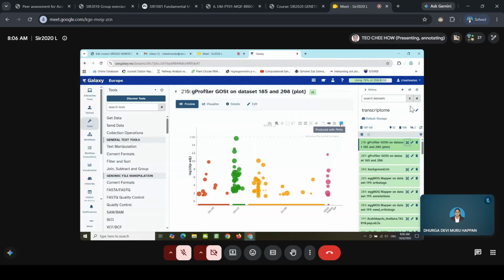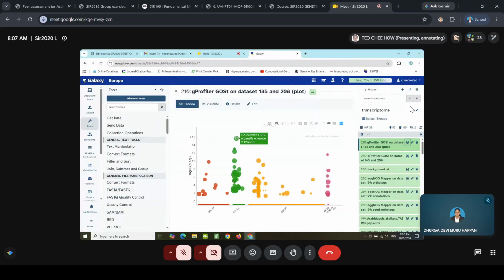No, you can only download the plots, but you cannot label. So I want you guys to label here, either using a line and writing down the term: protein domain specific binding, and this one is for chlorophyll binding, and also this one is proton transmembrane transport activity.